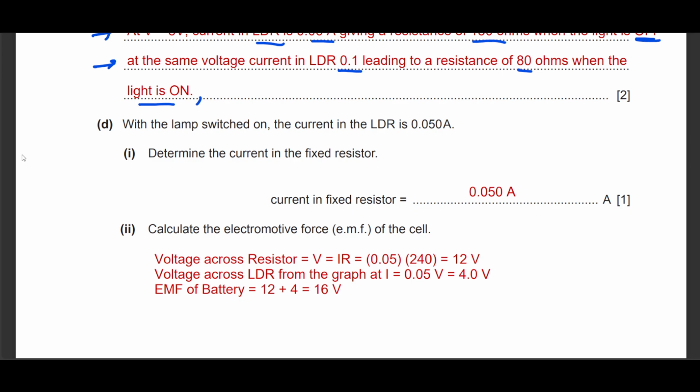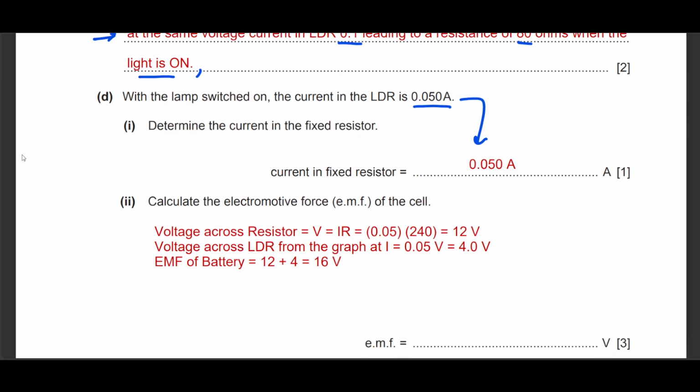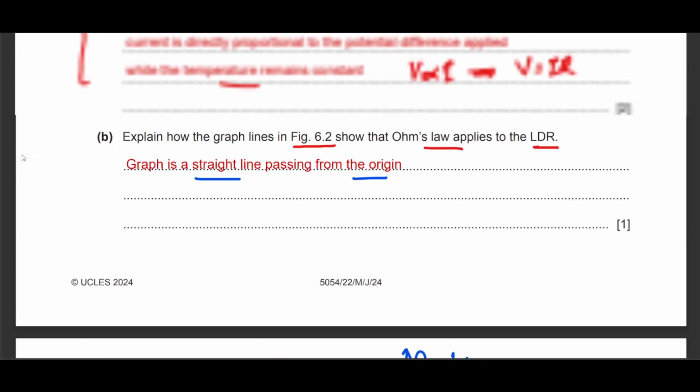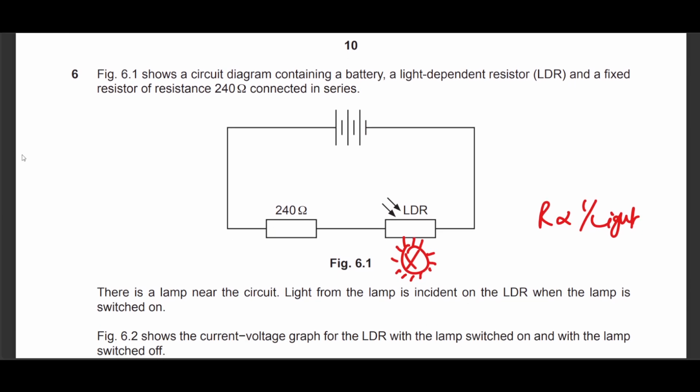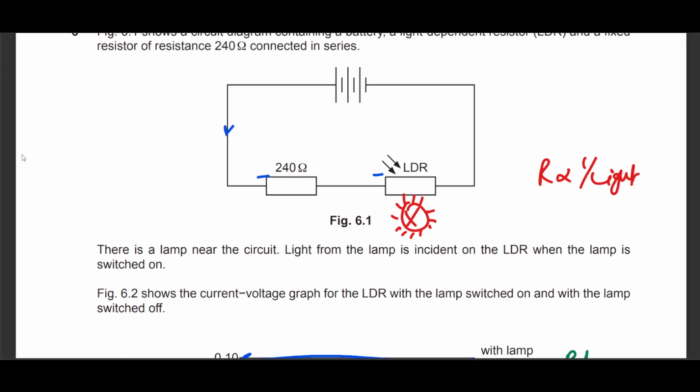He says with the lamp switched on, the LDR has 0.05, determine the current. Now since they are in series, the current remains the same. That's why we have to mention this. Then he says calculate the electromotive force of the cell. Now notice that EMF is not mentioned in the question, but we do understand that this is a fixed resistor and this is a variable resistor. He mentions that the current through the circuit is 0.05.